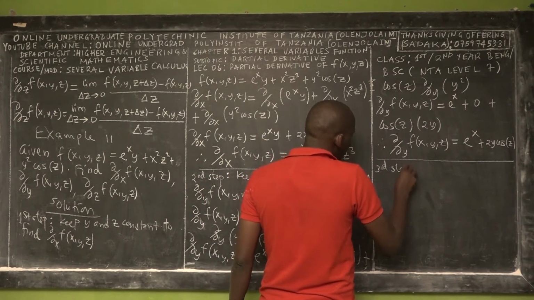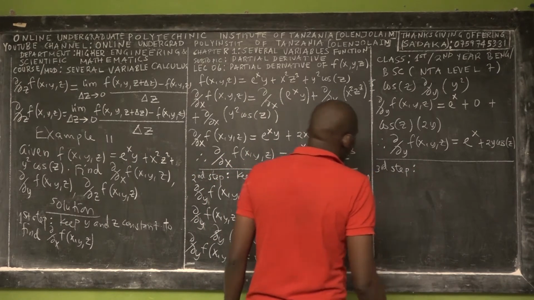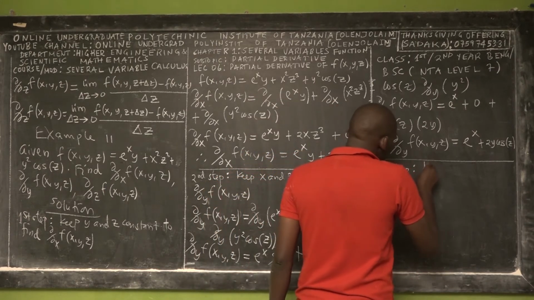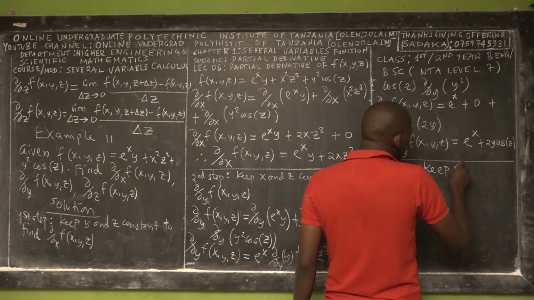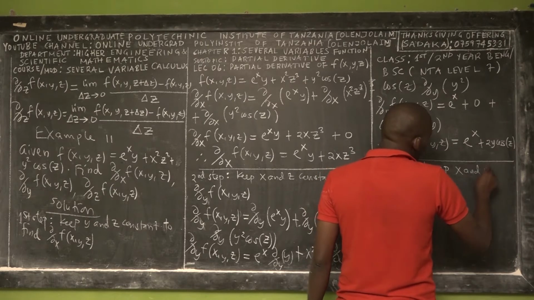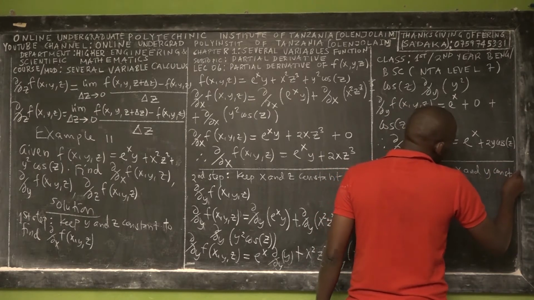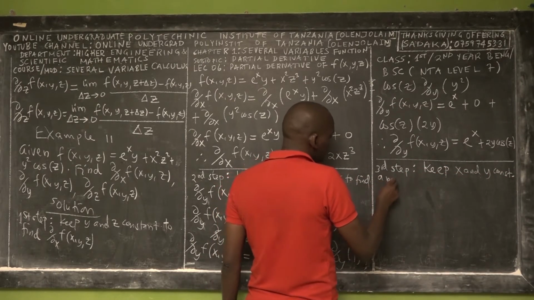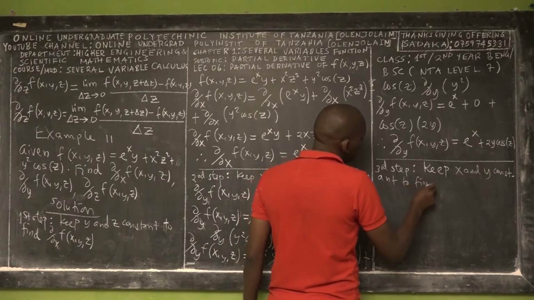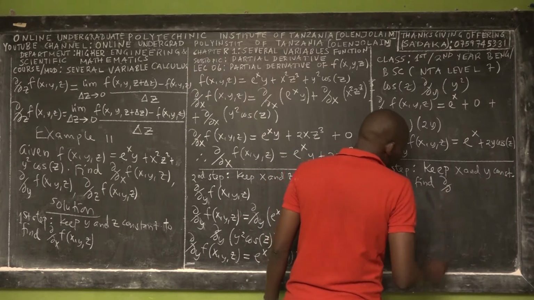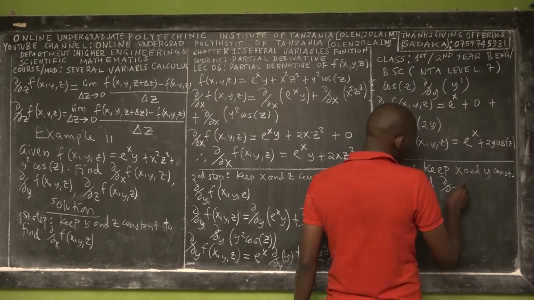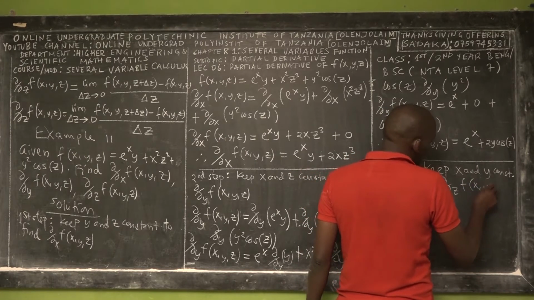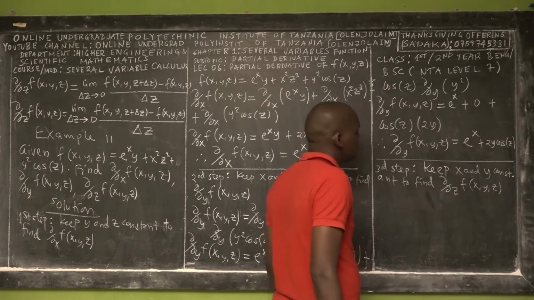We have to find the derivative. So we have to keep x and y constant to find the partial derivative with respect to z of f of x, y, z.